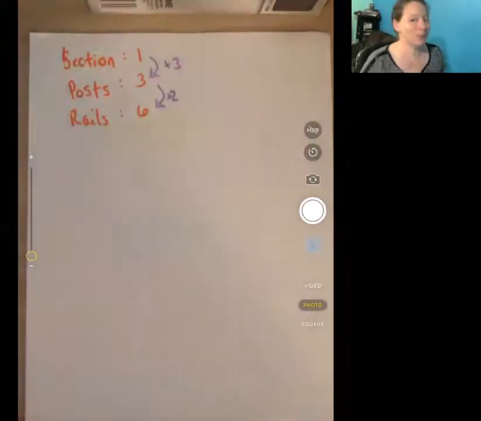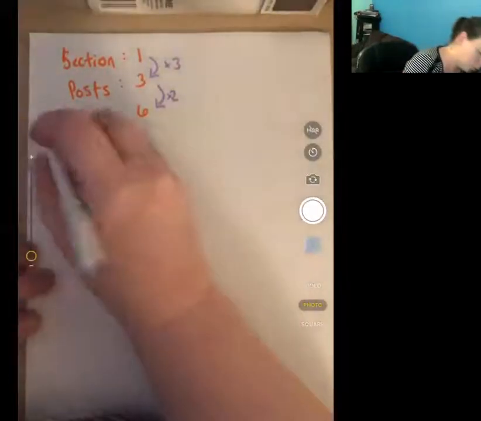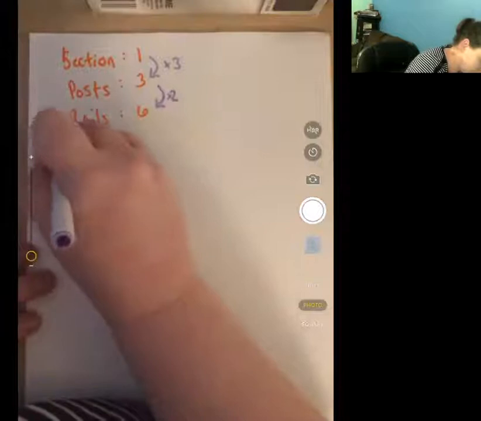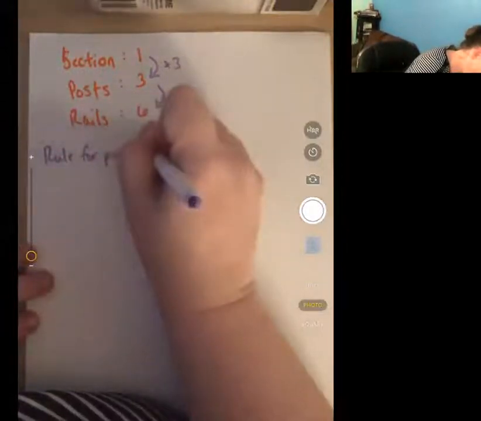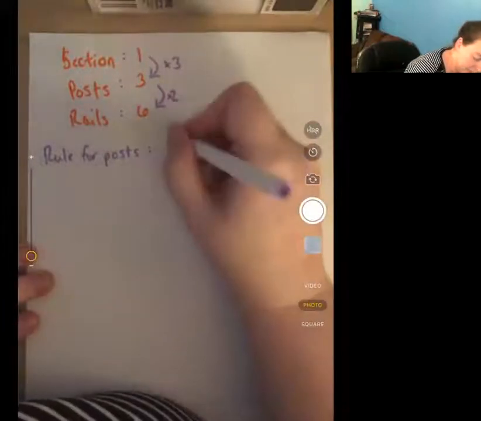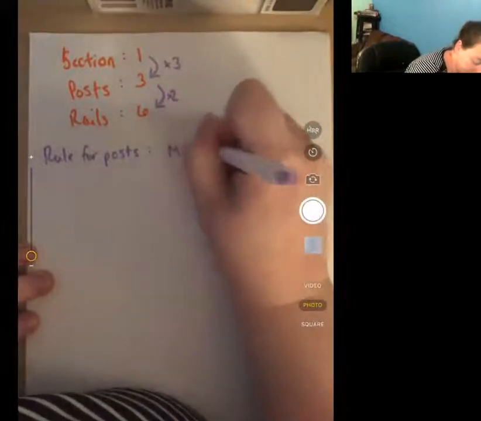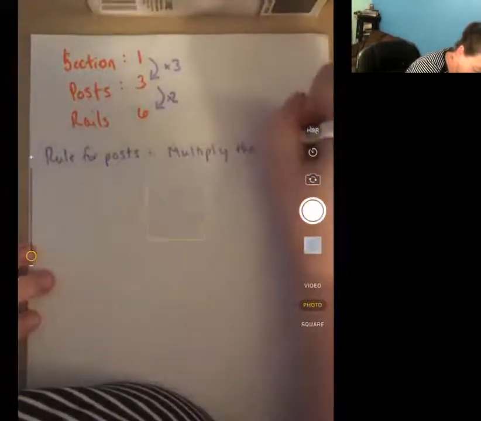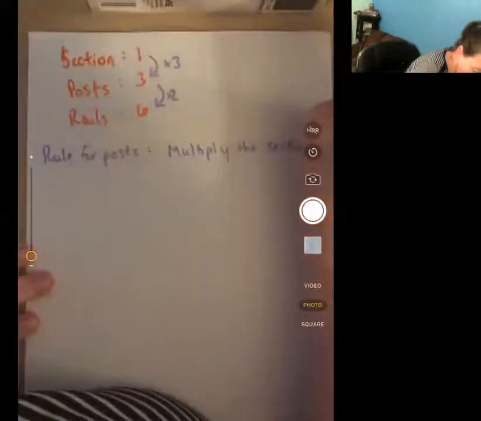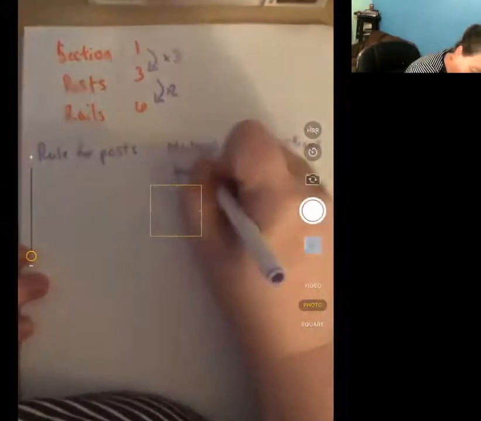Possible rules. Well, okay, so rule for posts is multiply the sections by 3.